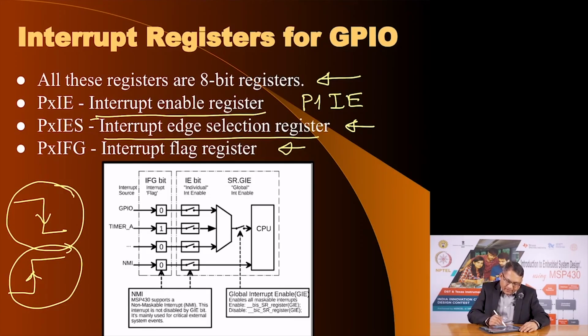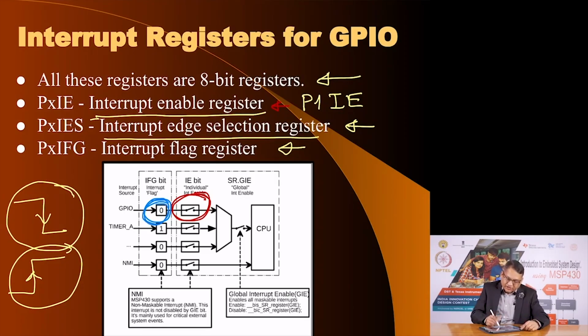So, the interrupt enable register is this part here. If you want that a particular interrupt should be enabled, you must enable it in this register. So, it affects this red part. The edge selection and the flag register together are here, and so you must get a 1 in this blue bit.